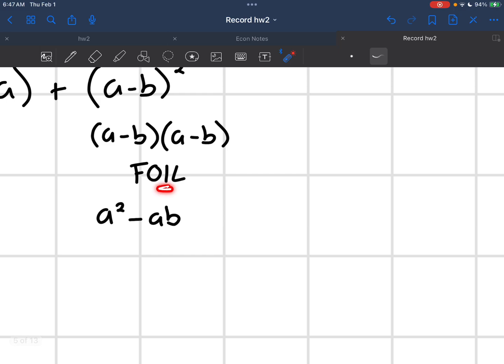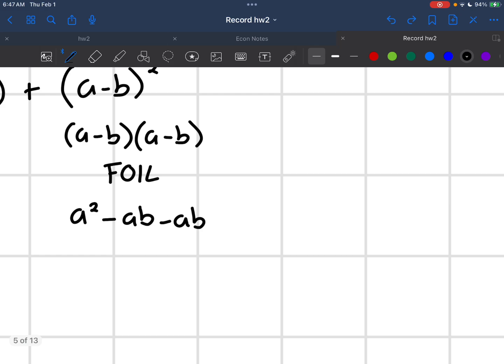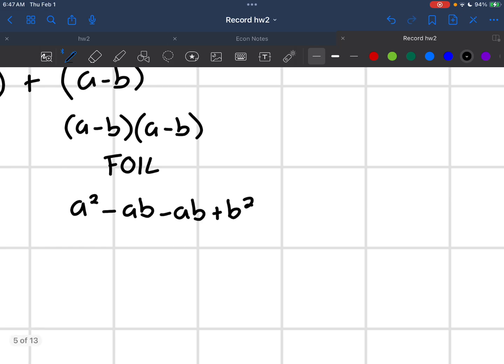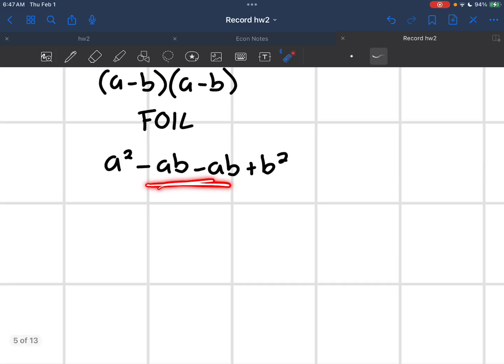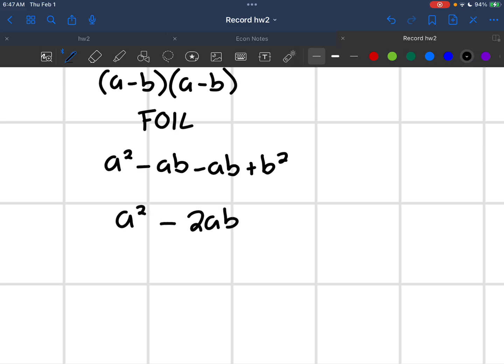Then I have my inside terms, so b times a, minus a times b. And then my last terms will be negative b times negative b, which makes the negative cancel out, so plus b squared. And then I have two ab terms right there, so I'm going to combine them. I'll end up with a squared minus 2ab plus b squared.